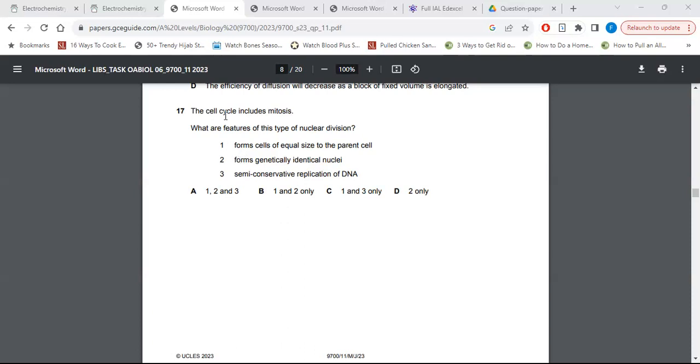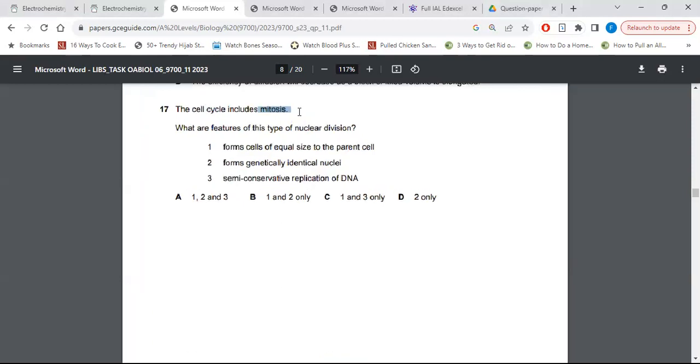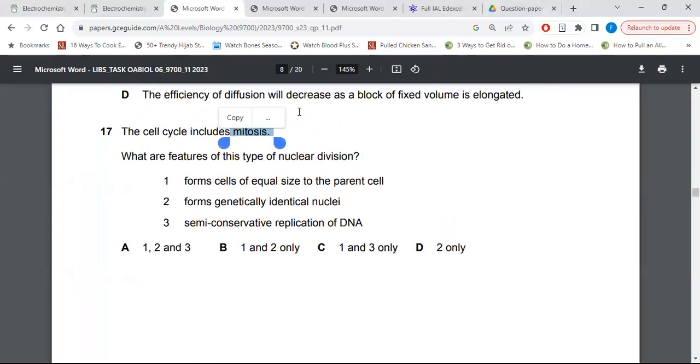Now, when they're asking you about mitosis, you only have to give the answer for mitosis. Does the replication of DNA occur in mitosis, or does it occur in the S phase of the cell cycle? It occurs in the S phase. DNA replication doesn't happen in mitosis.